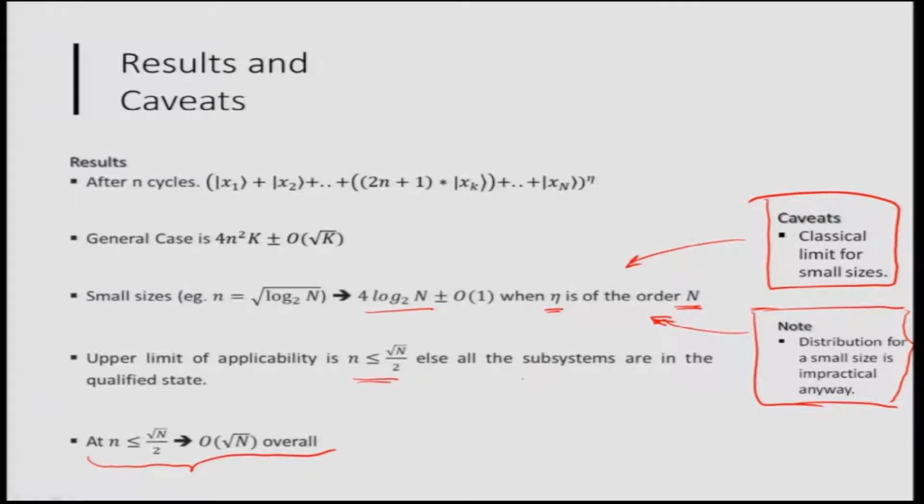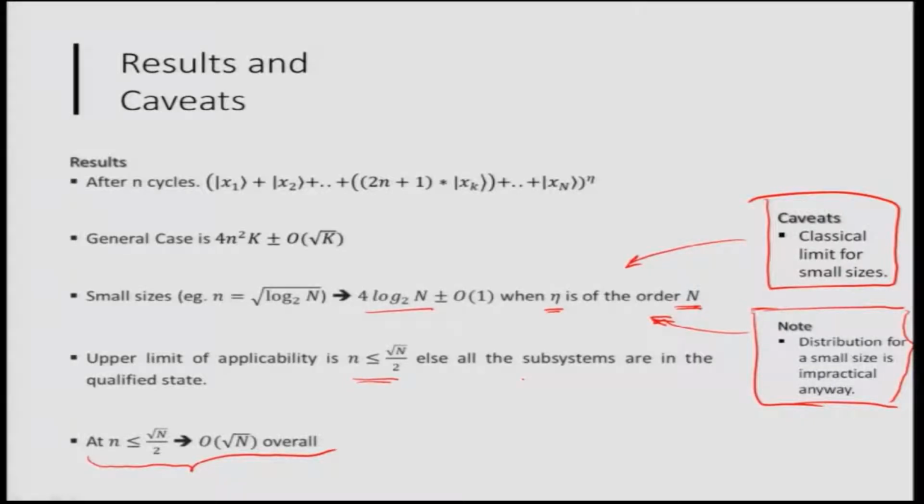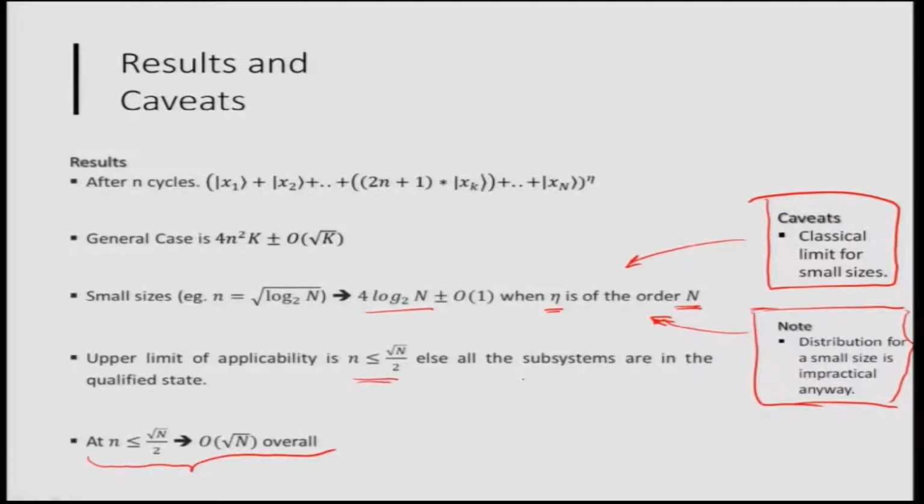So, the point to note here is that unless the problem size is large, there is no advantage or there is no point of even distributing this principle of quantum computing, or in this particular case of doing Grover's algorithm in this particular manner. However, when the data size is large and it is not possible to be done by using the traditional Grover search algorithm because of the size of the problem, it does make sense to distribute the problem, as there is an advantage by going into the system.